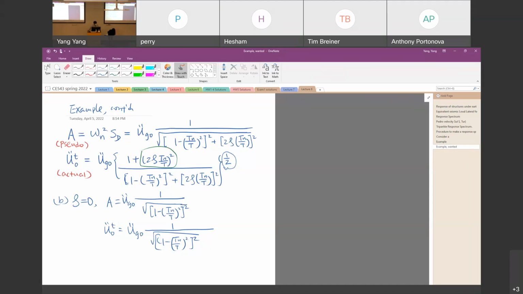So now let's plot. First thing is to plot the pseudo one and the actual one in the same spreadsheet to see how much difference there will be over here. And then let's open the spreadsheet here.